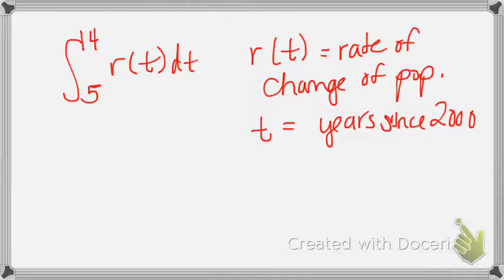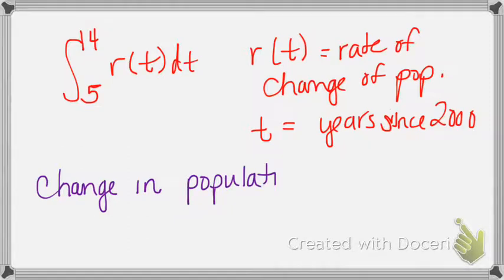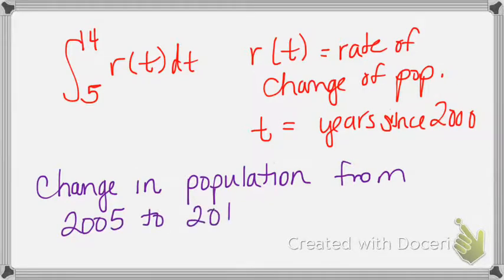So if I want to say what this represents, it represents the change in population. Because if r of t is the derivative and it represents the rate of change of the population, then the original equation, what the integral would represent, is the actual population. So it's the change in population from 2005 to 2014.